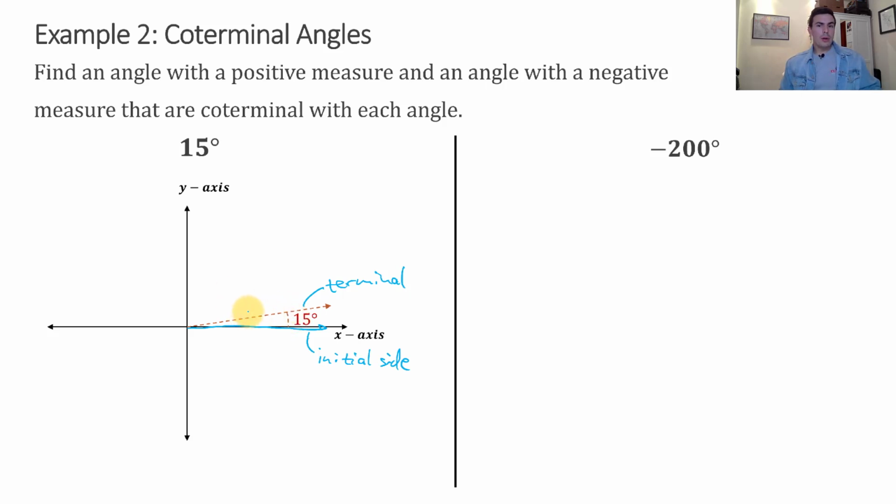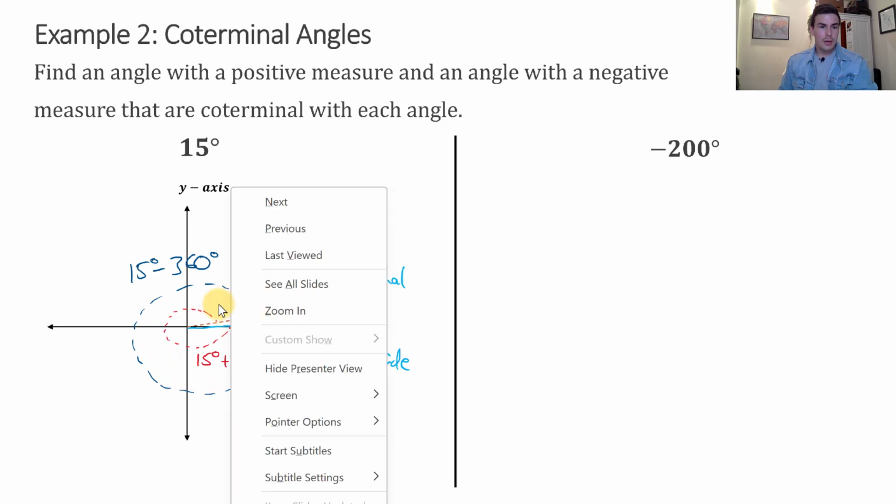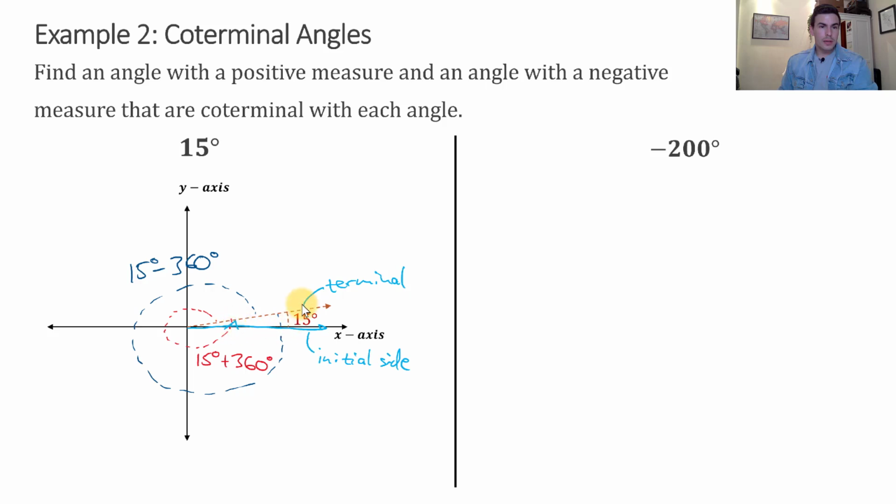Well, if I go around 360 degrees, right? If I have 15 degrees plus 360 degrees, I land at this same terminal side, right? So if I just take 15 plus 360, and likewise, if I take 15 degrees and subtract 360, this time I'm going clockwise when I'm subtracting the 360 degrees.